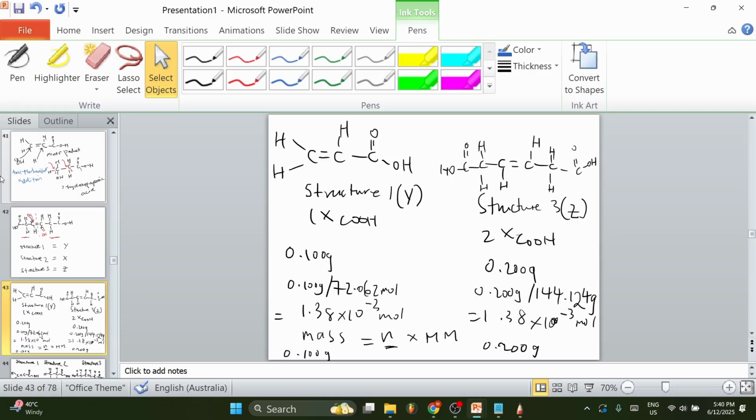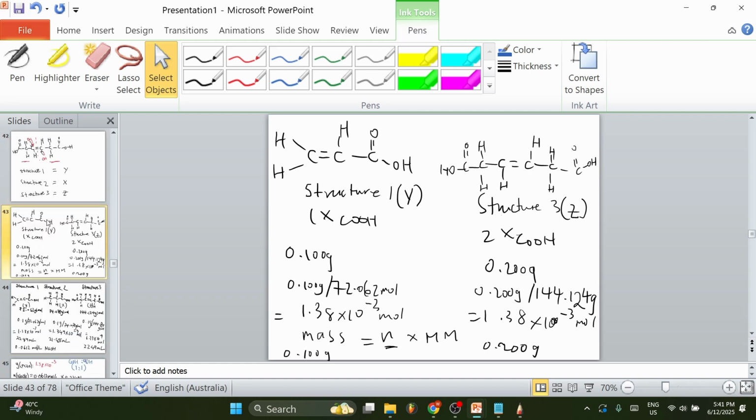When we review the equation mass equals mole times molar mass, since the mole is the same, we can look at the mass. And structure Z has twice the mass of structure Y. We can then conclude the molar mass of Z is double the molar mass of Y.